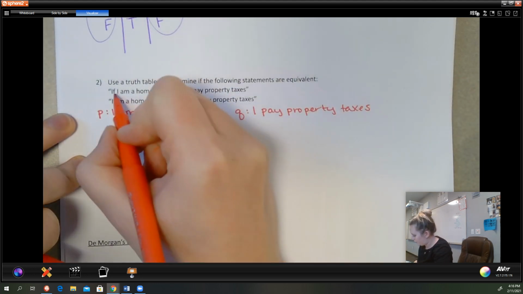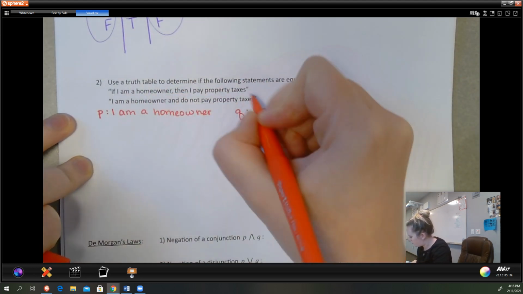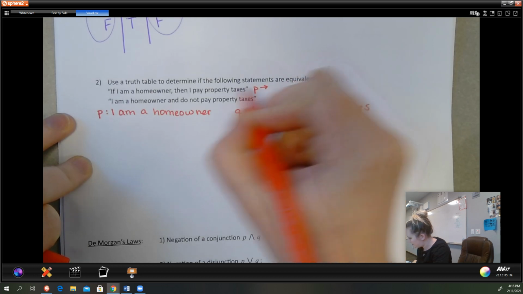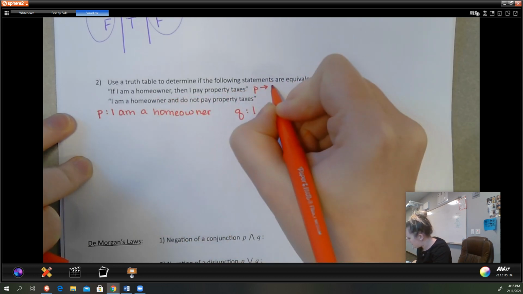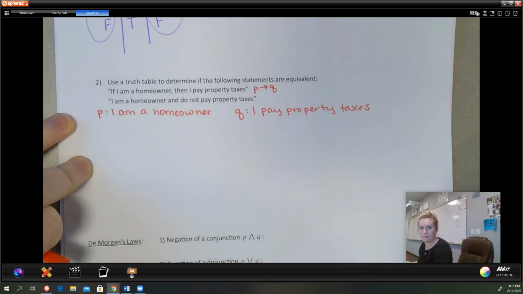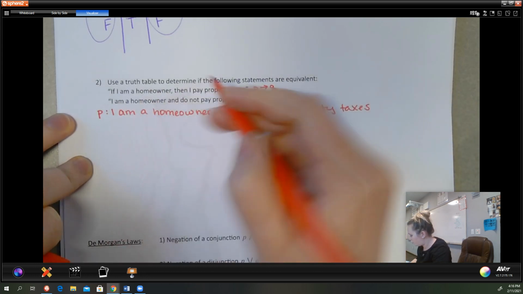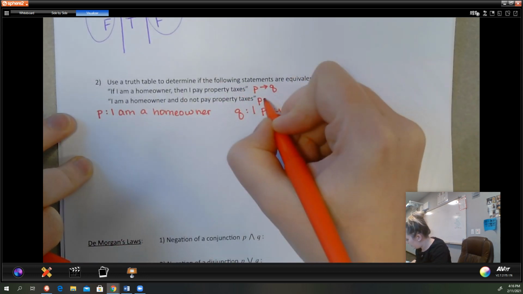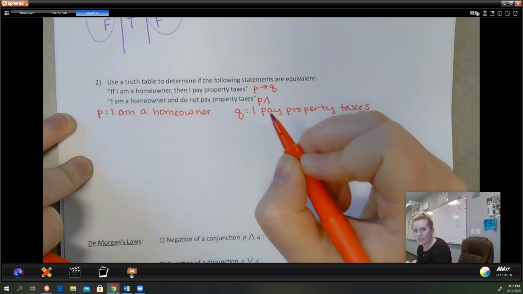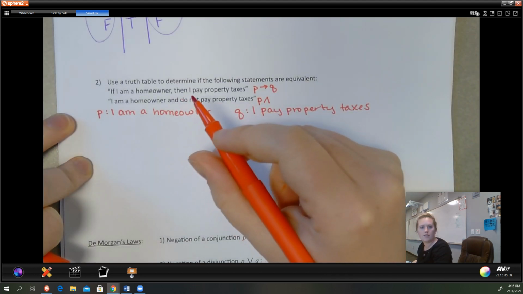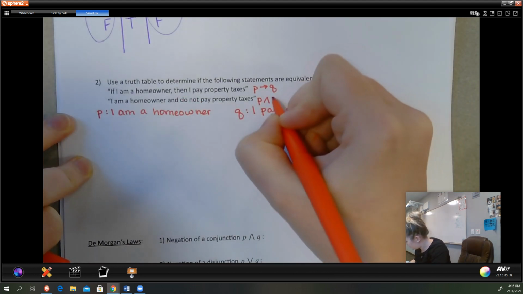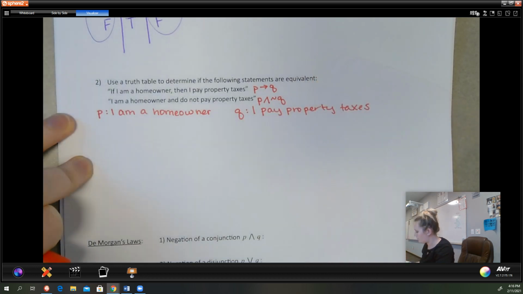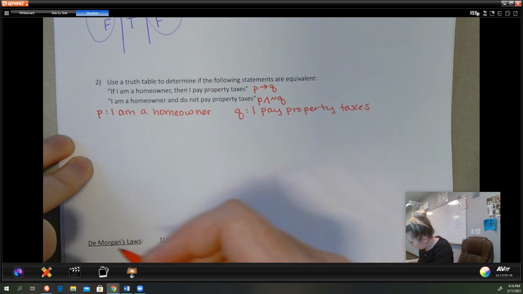So this statement, if I am a homeowner then I pay property taxes, is P implies Q. And then I am a homeowner and I do not pay property taxes is P and not Q. So we want to see, is the conditional P implies Q the same as the conjunction of P and not Q? So here we go.